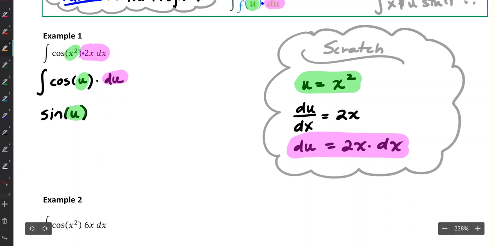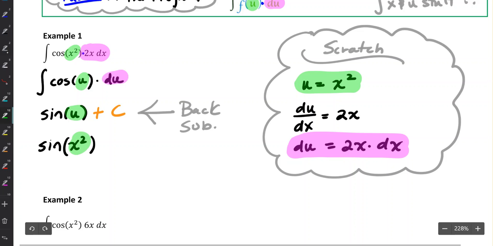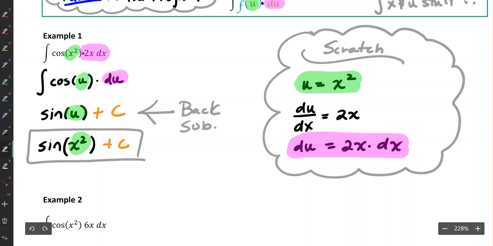Moreover, the derivative of sine u plus any constant would be cosine u. But this substitution was just a tool. We need to go ahead and back substitute. What the heck is u? u is x squared.